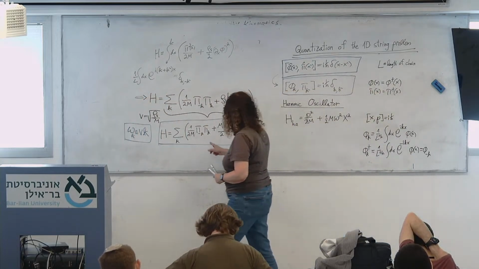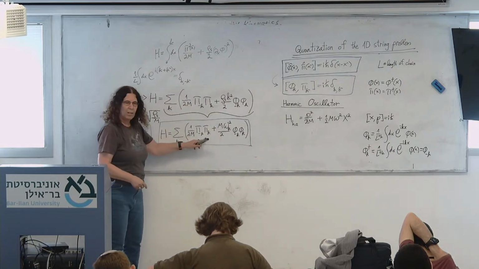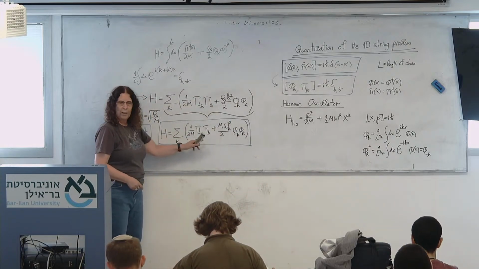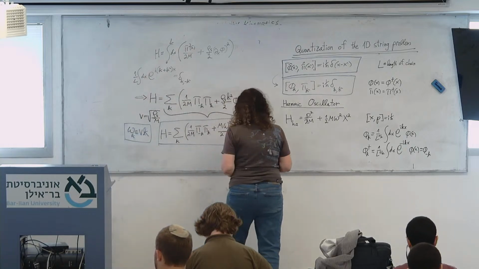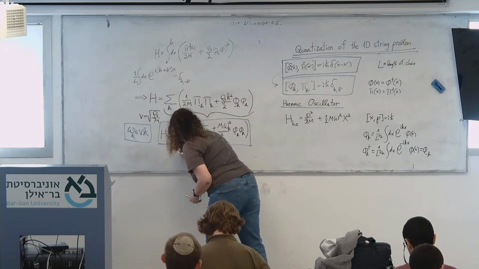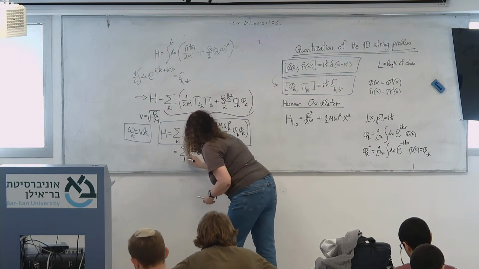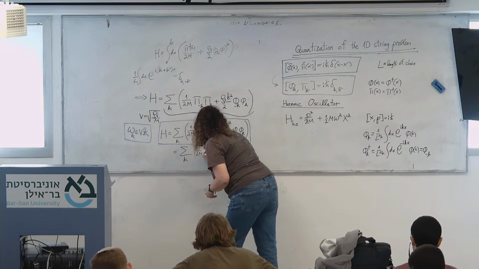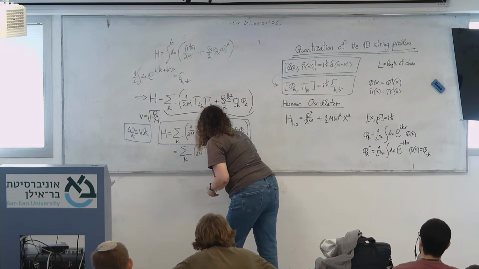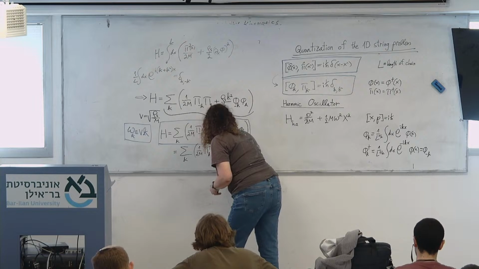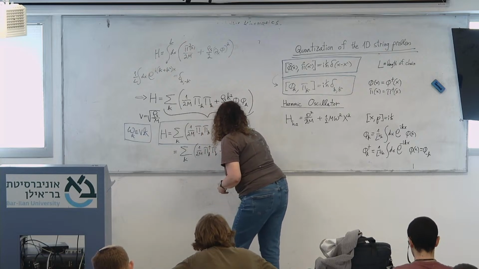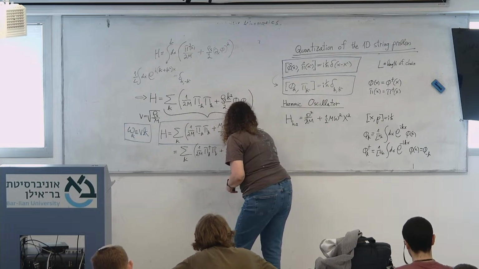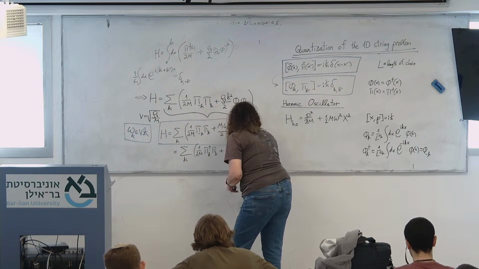So in fact, when I'm writing this and remembering that these are non-Hermitian operators, I can rewrite it as pi k dagger pi k plus phi k dagger phi k.